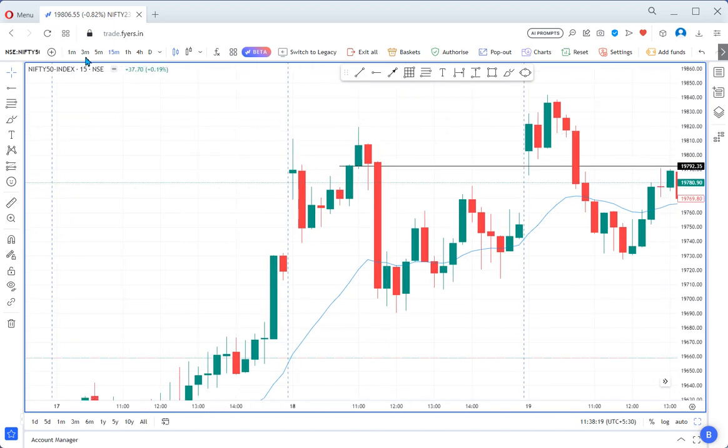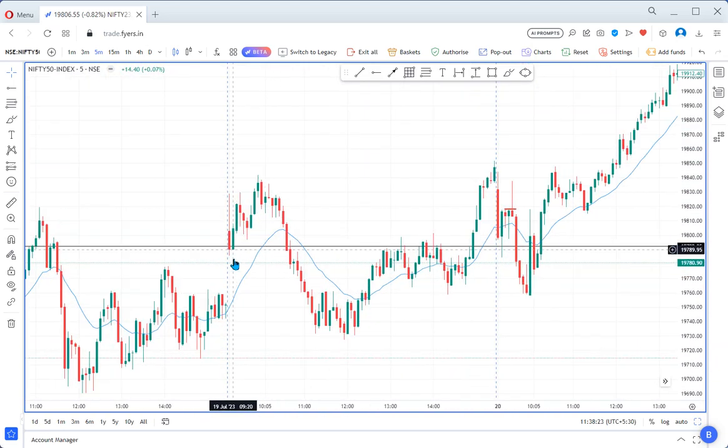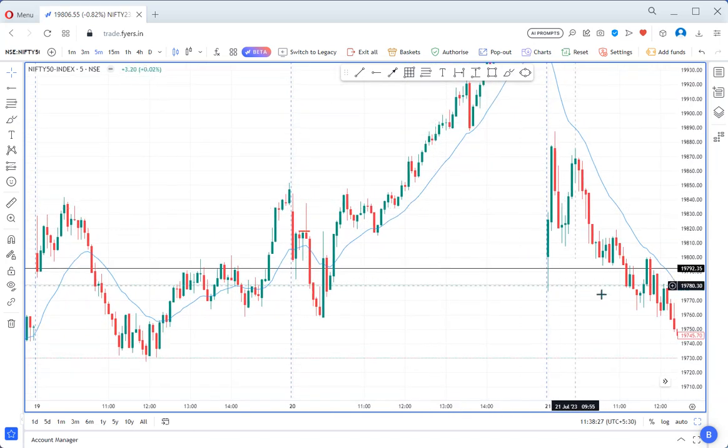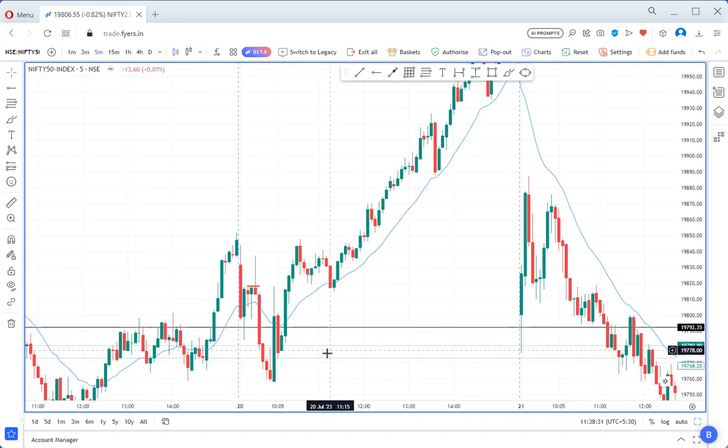I also have the same structures. Look at this, it is the same structure. If you know this structure, we broke the high, and sellers are not getting momentum.